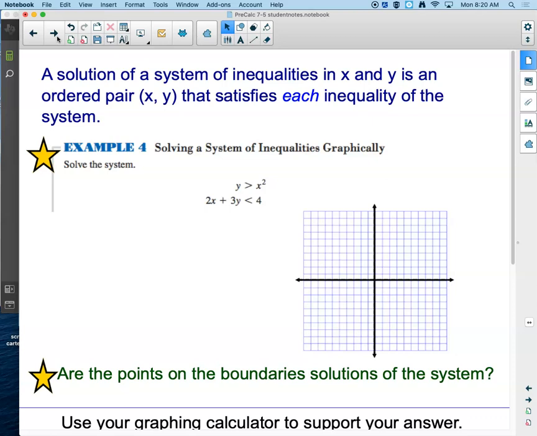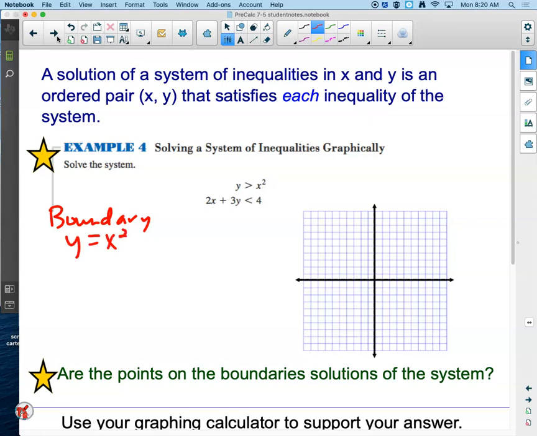So I have y is greater than x squared, and I think about that boundary of y equals x squared. And I realize, well, that was just the table we had on the last one there, but it doesn't have a k translation this time. So 0, 0, 1, 1, 2, 4, 3, 9, and the negatives by symmetry.